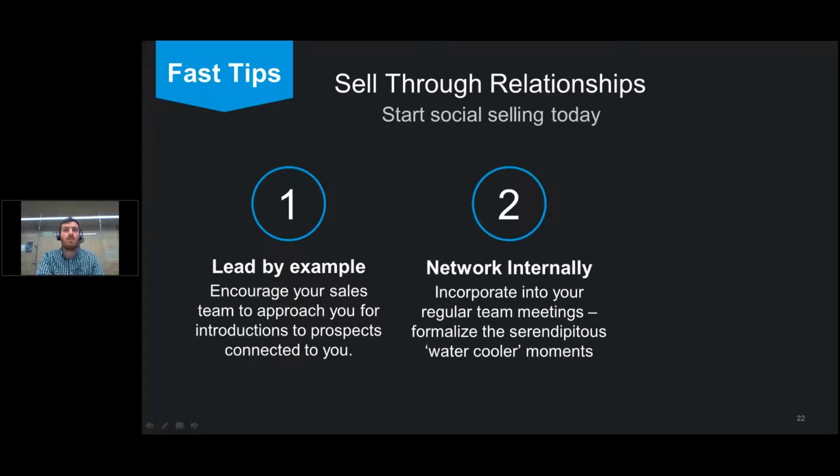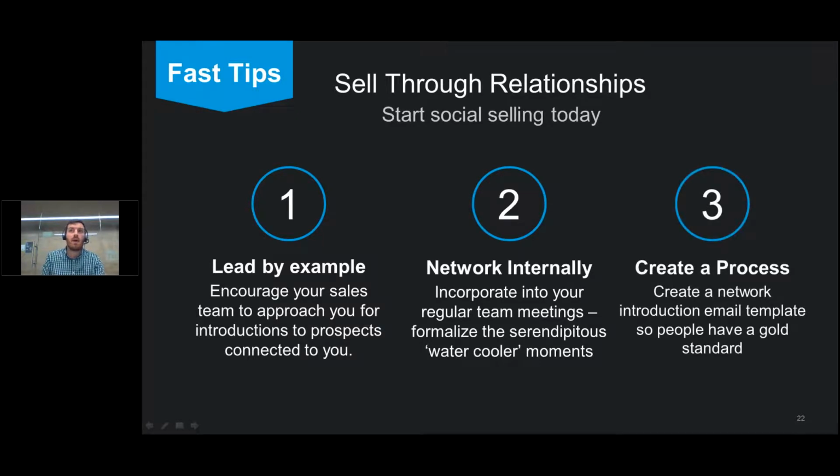Network internally, and then creating a process. Creating a process we'll dive into more later on too. But what I really mean by creating a process is I know some of you, if you're anything like me, we're probably measured a lot on volume, right? Either call volume, touch point volume, etc. So we're not going to change that. I'm not asking you to do that, right?